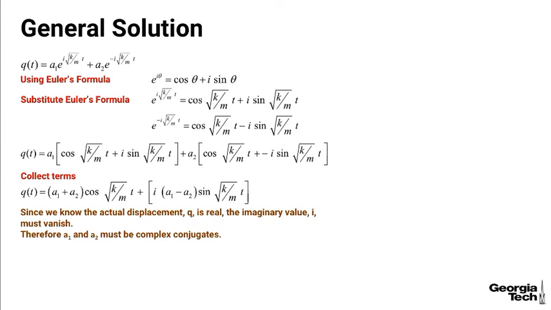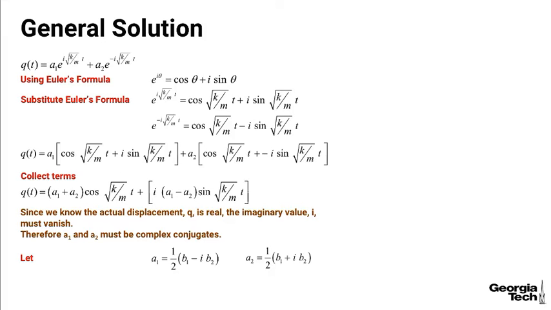We know that the actual displacement Q is real, so the imaginary value i must vanish. We can't have the imaginary value. To do that, A1 and A2 must be complex conjugates. So here I've let A1 equal 1/2 (B1 minus iB2), and A2 be the complex conjugate, which is 1/2 (B1 plus iB2).